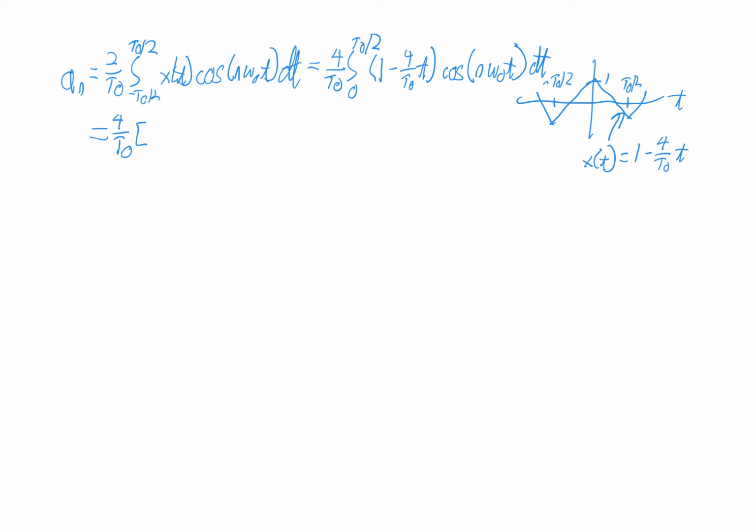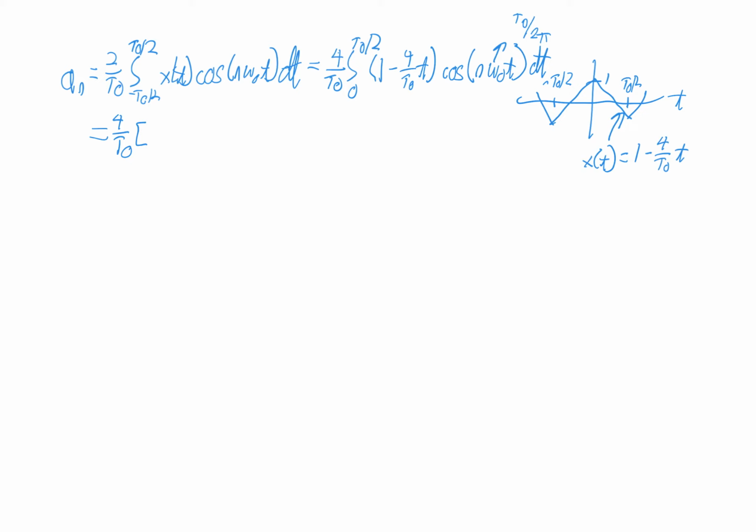Now, before we go further, omega naught and t naught are related, and we don't want to express that as two separate variables. So I'm going to write omega naught as 2 pi over t naught, because we're going to need that relationship in order to do a number of cancellations.